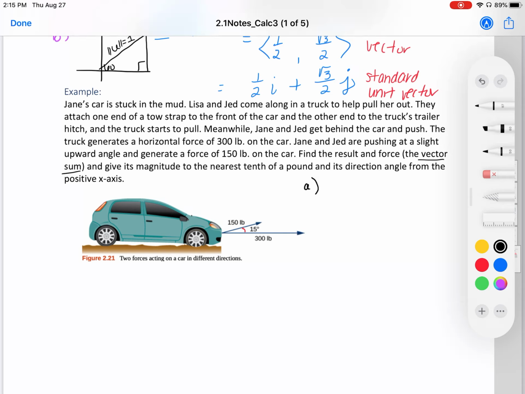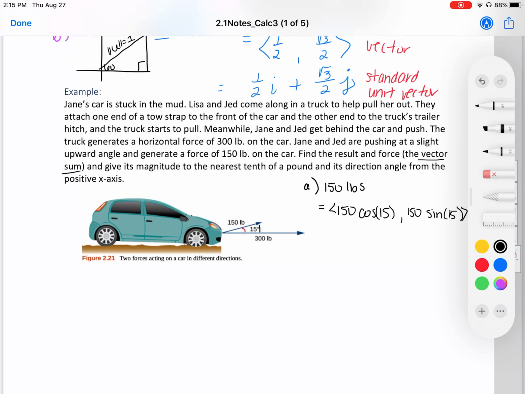If I'm pulling 150 pounds, that would give us 150 cosine of 15 and 150 sine of 15, right?